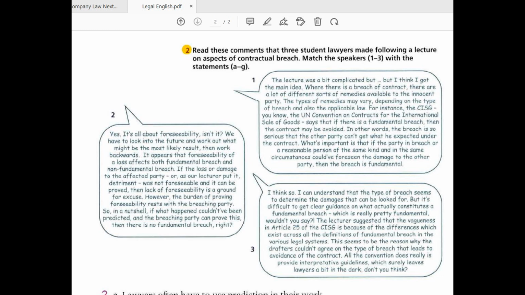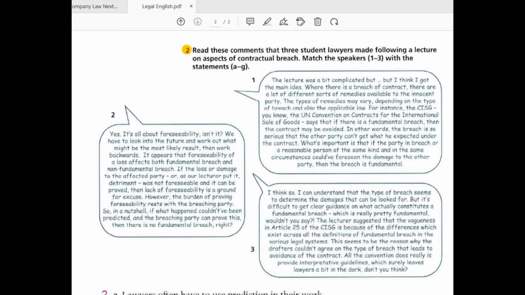In other words, the breach is so serious that the other party can't get what he expected under the contract. What's important is that if the party in breach or a reasonable person of the same kind and in the same circumstances couldn't have foreseen the damage to the other party, then the breach is fundamental.